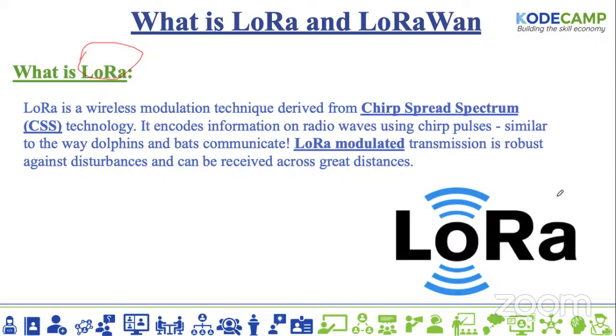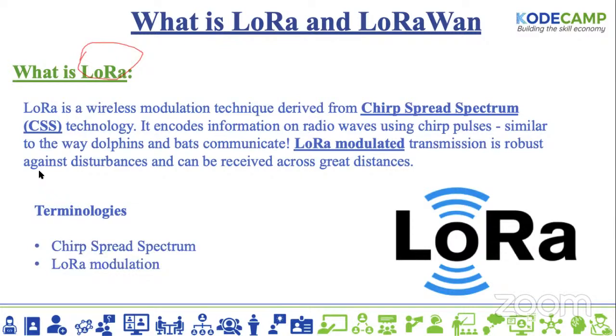There are things I would like you to look at here, the terminologies being used. Number one is the chirp spread spectrum, and also the LoRa modulation. Talking about spread spectrum, it's a digital communication that works under a spread spectrum technique that uses wideband linear frequency modulated chirp pulses to encode information.